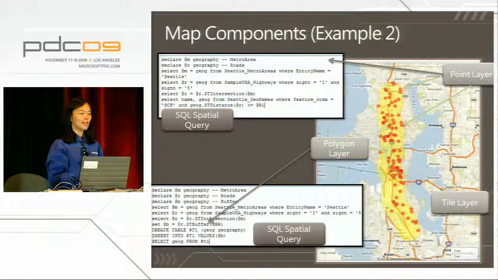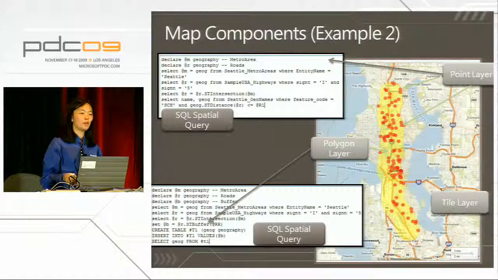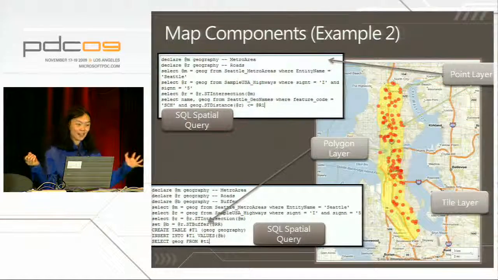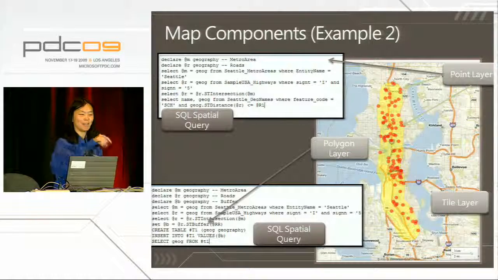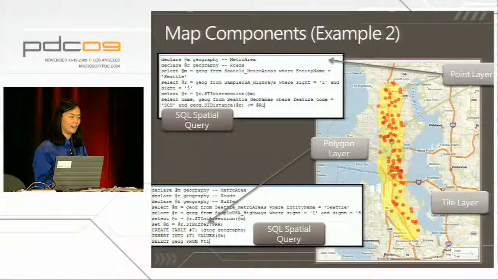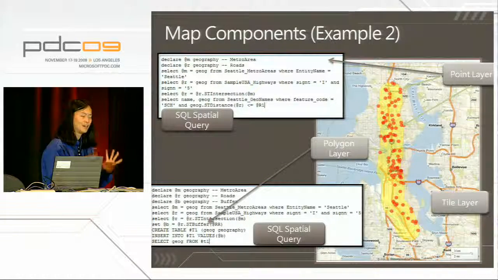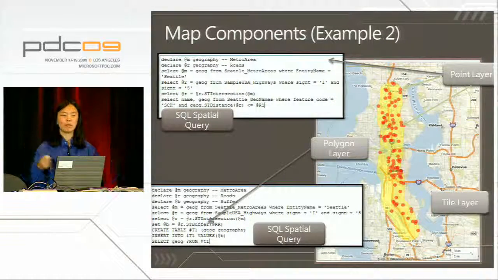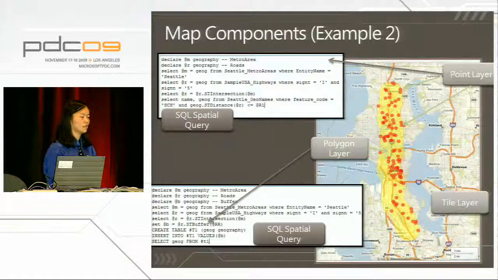Then we ran a SQL spatial query to return the yellow area, meaning a certain radius from I-5 that is in Washington state. Then we ran another query to say, give me all the points within the yellow area, which is schools, and we show it as another layer on the map. The nice thing is we can add a Bing map tile to make it look nicer, so you see everything in perspective, relative to the paths and shapes.